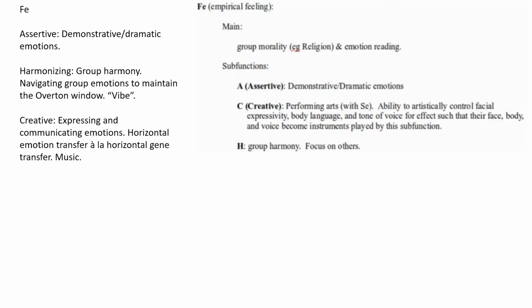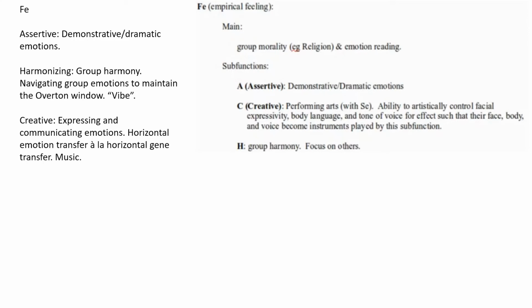So, to explain, if you're at a party, there's maybe one or two people that want to talk about Syria or talk about the Holocaust, but the Overton window of that party, talking about the Holocaust is so outside of it, it doesn't fit within the group's emotional window.